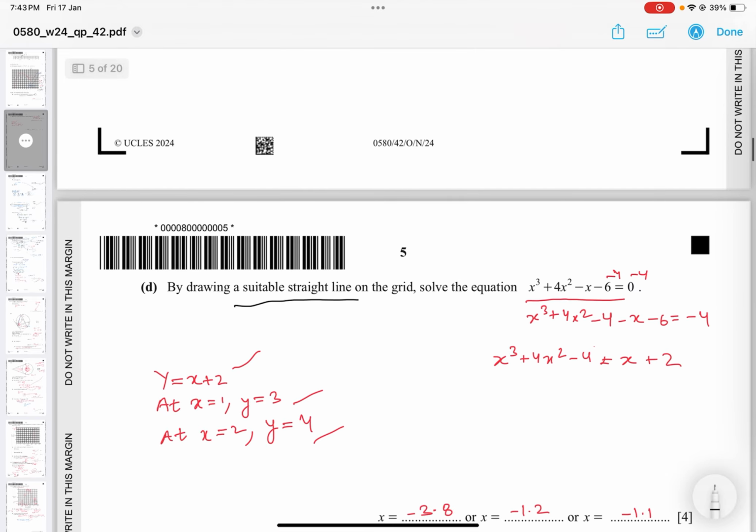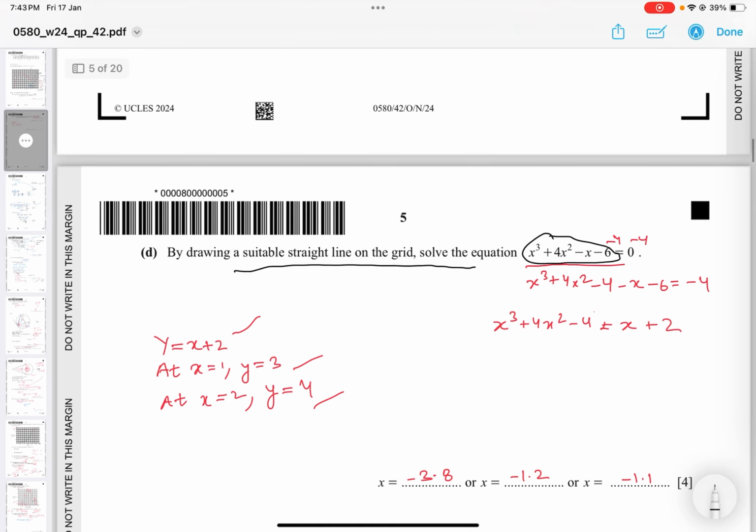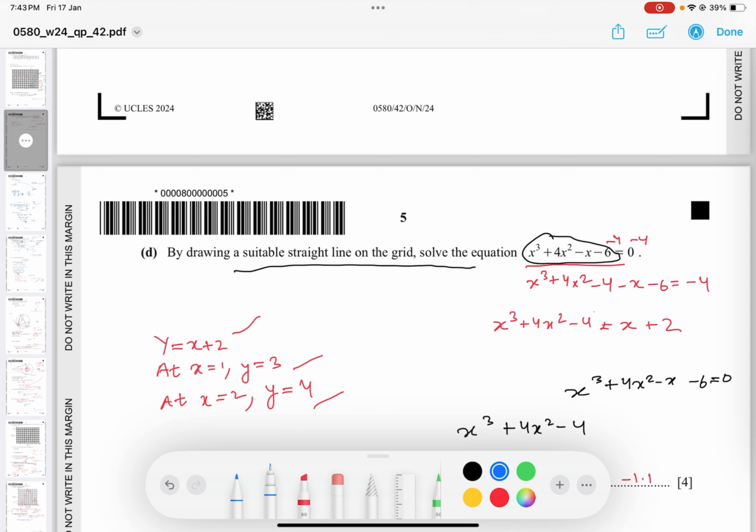Now, by drawing a suitable straight line on the grid, solve this equation. Now, very carefully look at this equation. It was x cube plus 4x square minus x minus 6 equals 0. But I have drawn this one: x cube plus 4x square minus 4. I know this equation. Now see, just mark which are same over here.